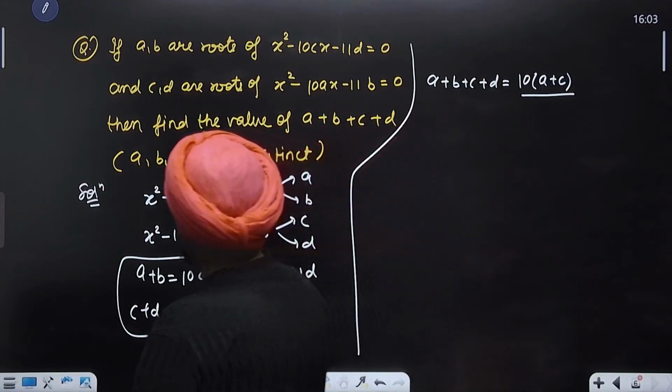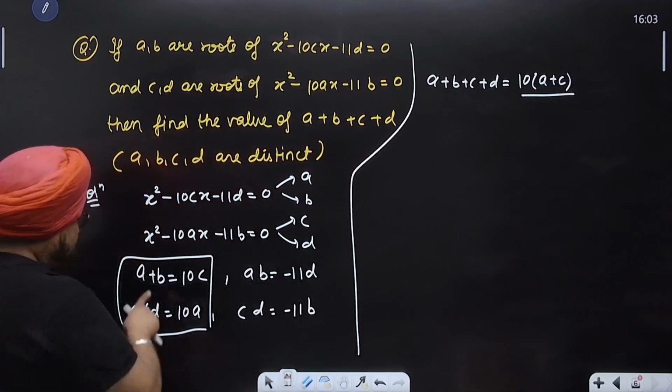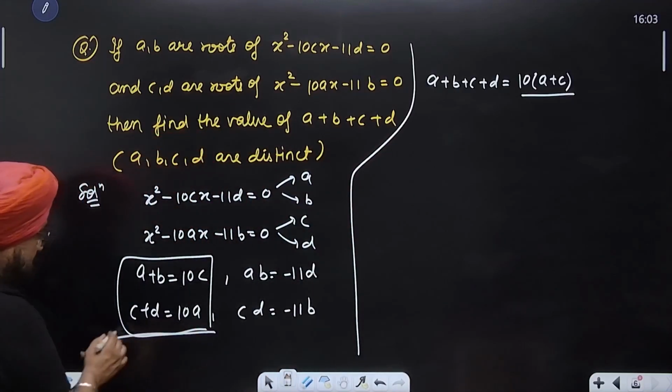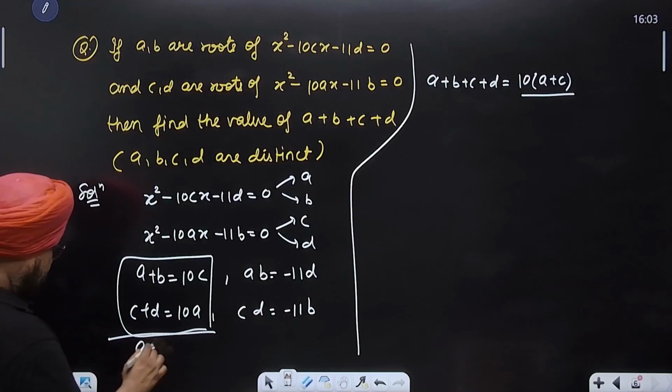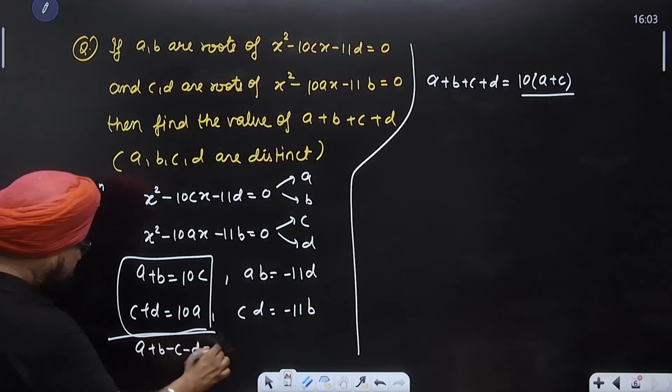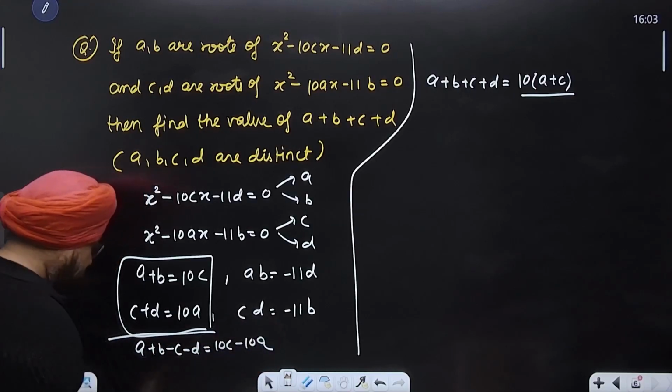If we subtract these, then a plus b minus c minus d is 10c minus 10a.